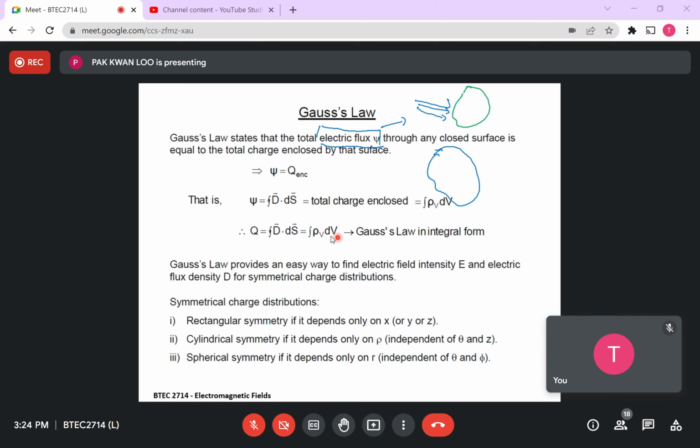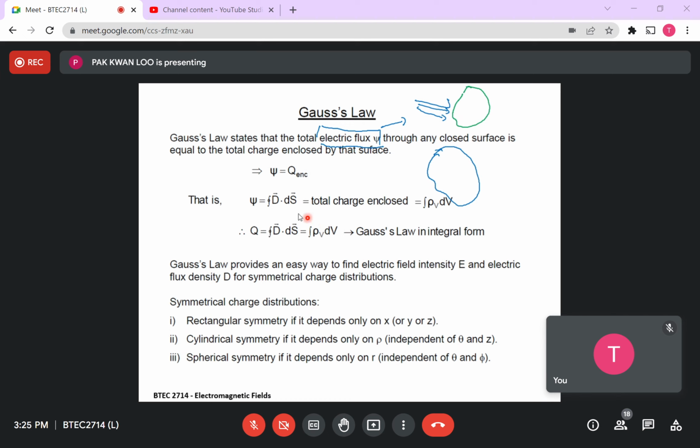Let's say Q is the total charge enclosed by the closed surface. This charge can be represented by a volume charge density, so the total charge is the volume charge density multiplied by the volume.